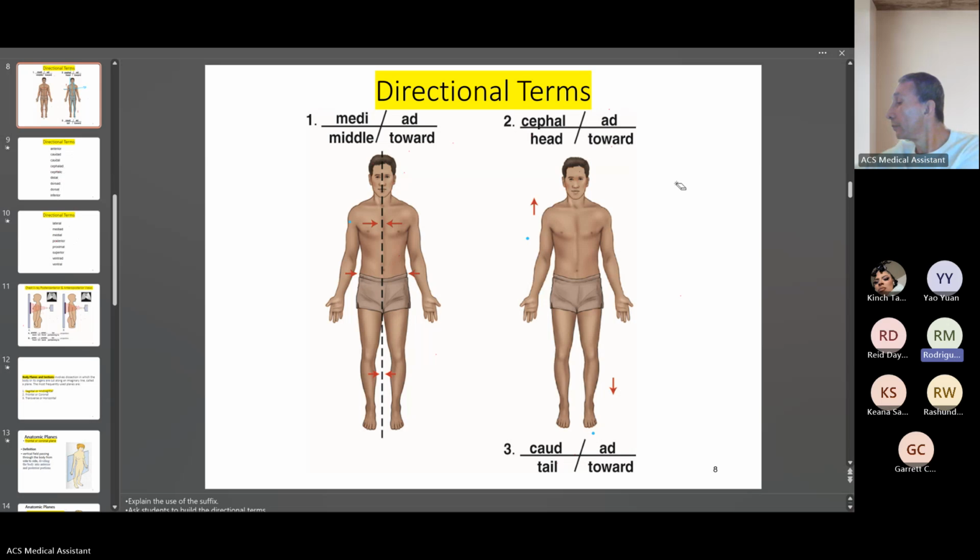So sagittal could be dividing any part of the body, but mid is right through the middle. Correct. One is equal parts, two halves. The other one is not equal. So if you have a question, and they ask you, the body is divided in two equal parts, right and left, that will be mid-sagittal.